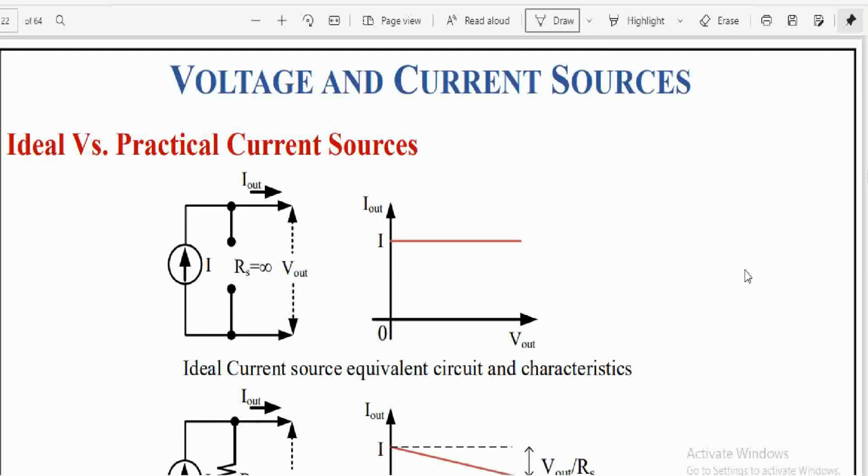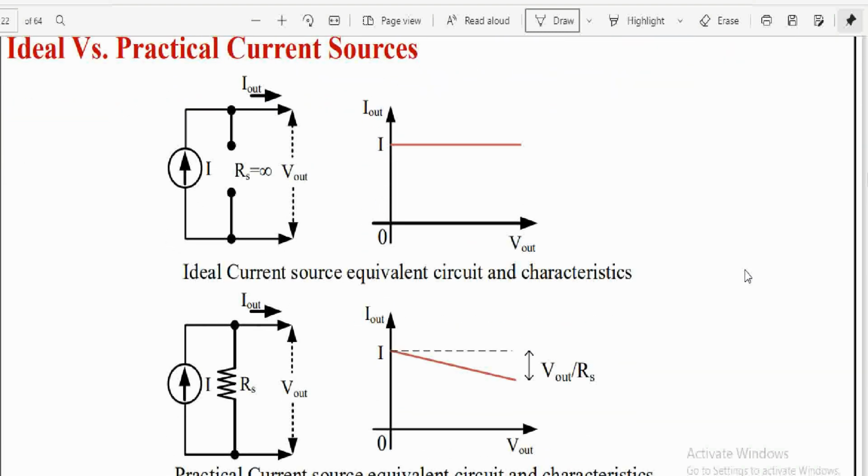Here we have taken ideal and practical current sources. So this is the ideal current source. Have you observed a point? For a current source, you always have to connect a resistor in parallel.